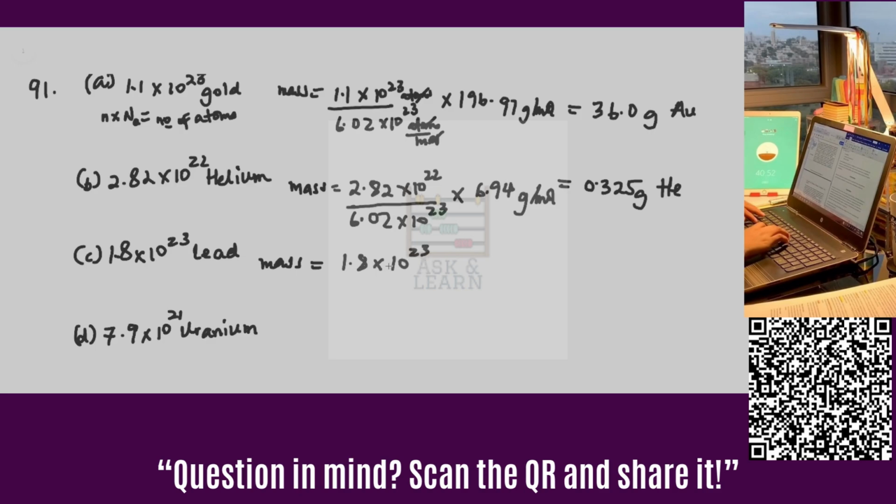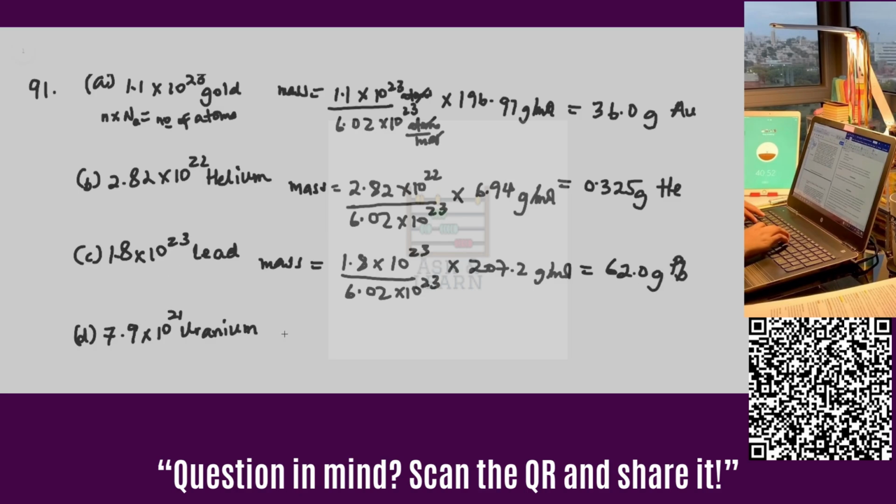So we have 1.8 times 10 to the power 23 atoms of lead, and we divide by Avogadro's number, 6.02 times 10 to the power 23, multiplied by the molar mass of lead, which is 207.2 grams per mole. This gives us approximately 62.0 grams of lead.